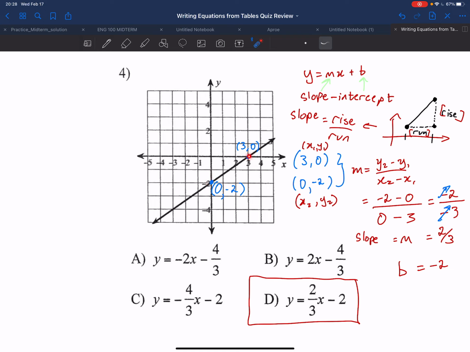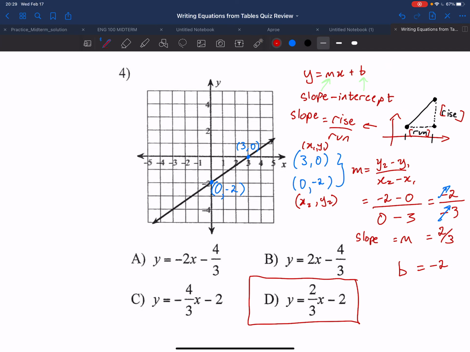So I was able to find this and this. I took these 2 points, put them into the slope equation, and found the slope. I just took a look at this y-axis and found the y-intercept, because this line intercepts at that point right there at -2. So just from this form, all I needed was the slope and the y-intercept.